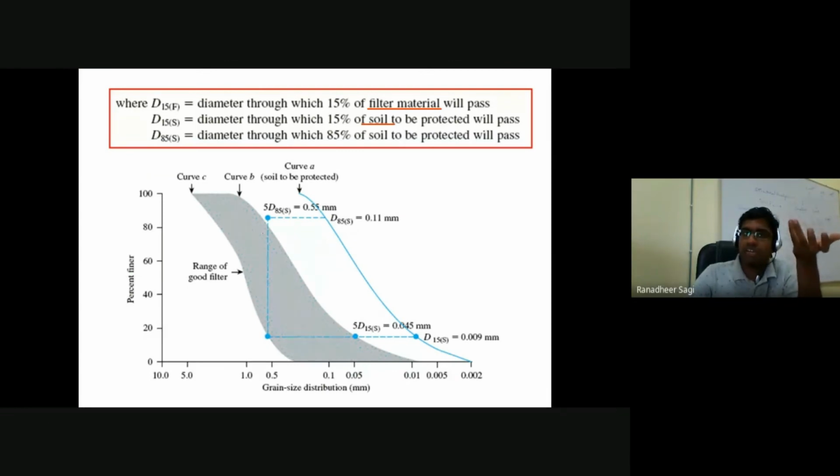Once D15 and D85 for soil and D15 for filter are known, I can calculate those respective ratios listed above in the previous slide, and based on satisfying the criteria, I can judge that that particular filter material is proper to be provided in the design of your filter.